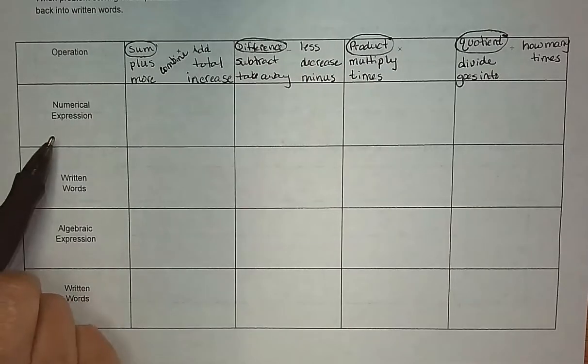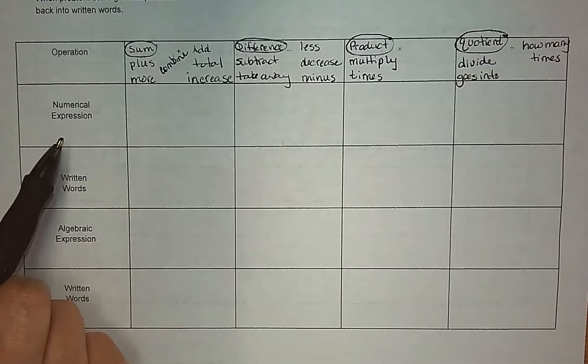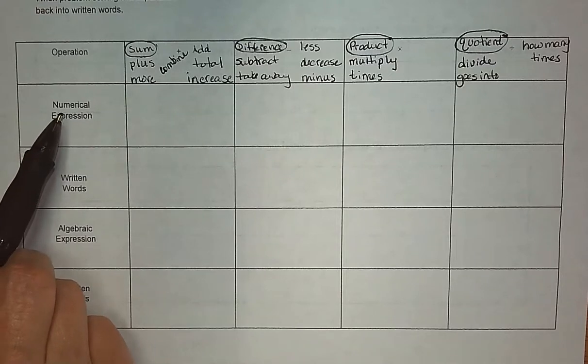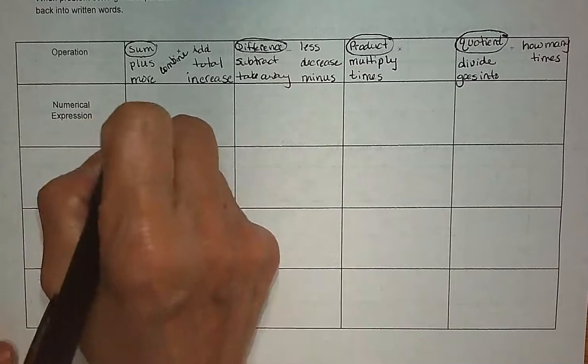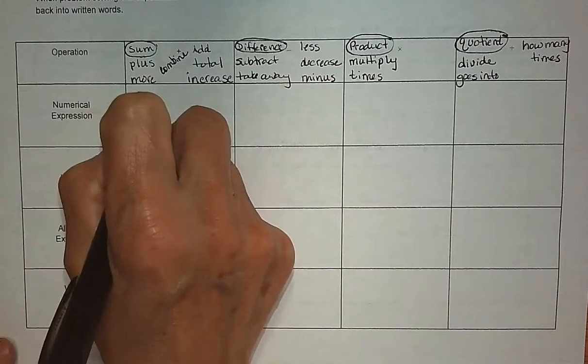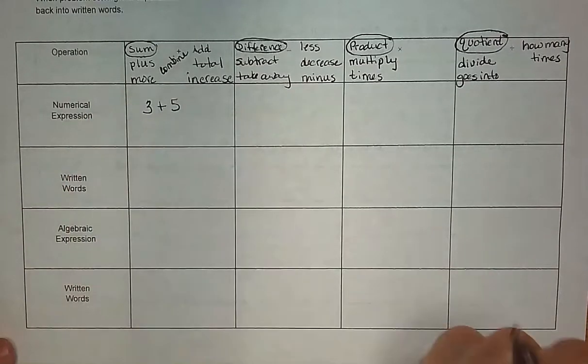Now, an expression is just a math problem that doesn't have an equal sign. And a numerical expression is a math problem with no equal sign and only has numbers, it doesn't have any variables. So a numerical expression might look like this, 3 plus 5. It's pretty simple.